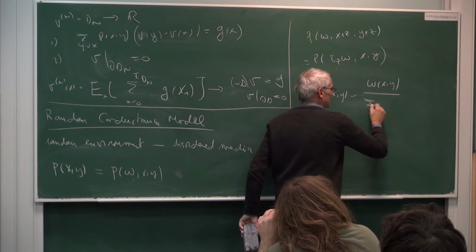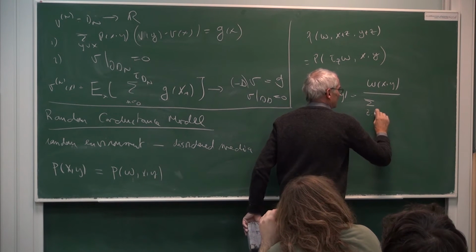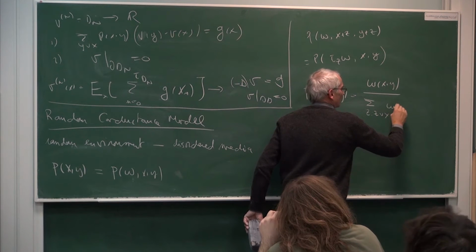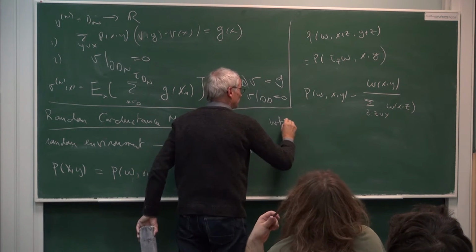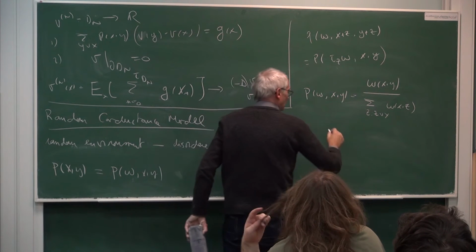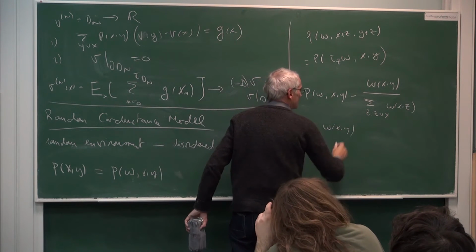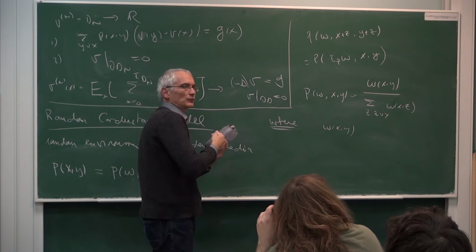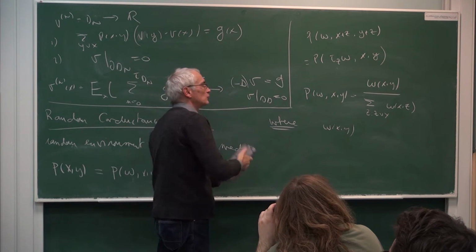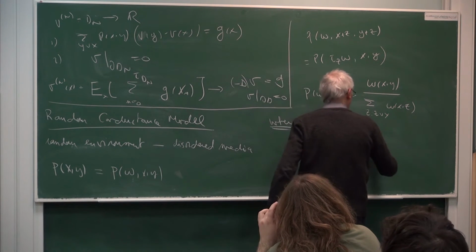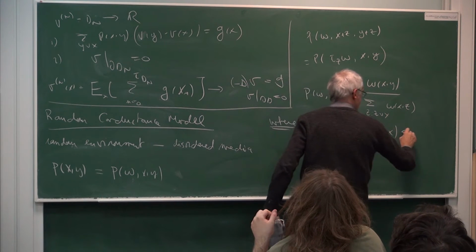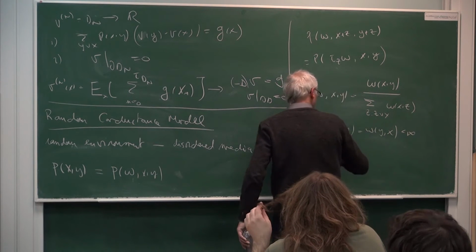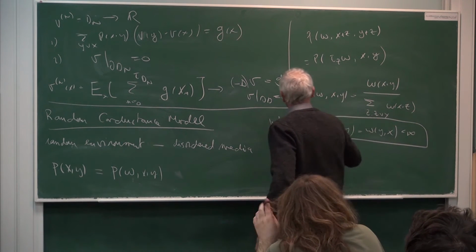So this is divided by the sum over z neighbor of x of omega xz, where, and that's going to be quite important, omega xy is the conductance. So the rate at which the walk jumps from x to y is symmetric, the same as from y to x. These are all the conductances.